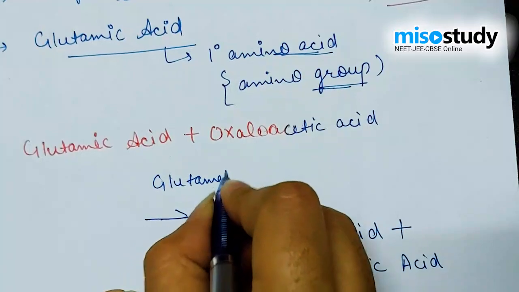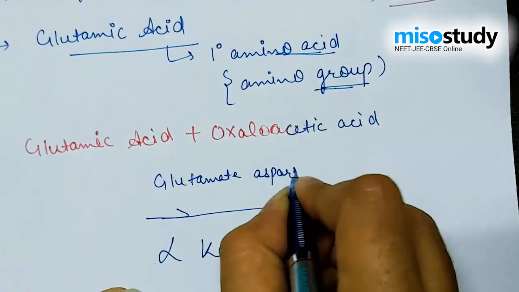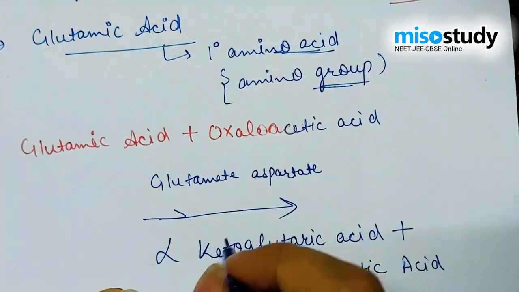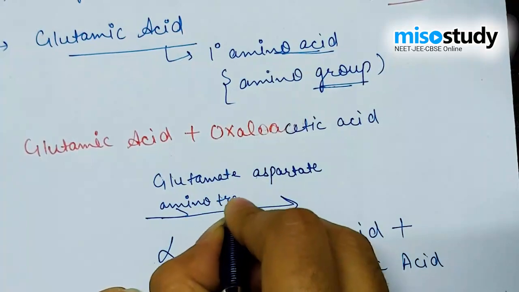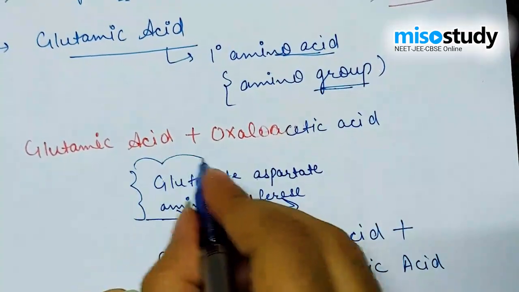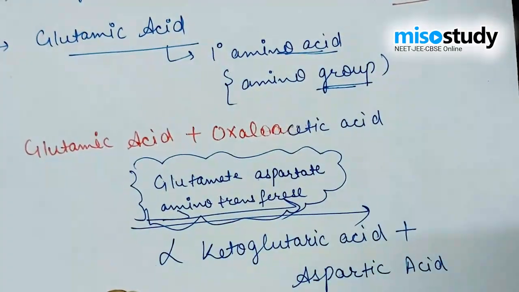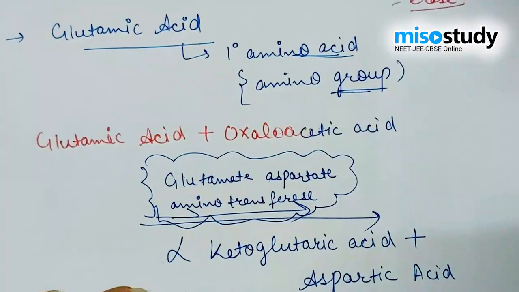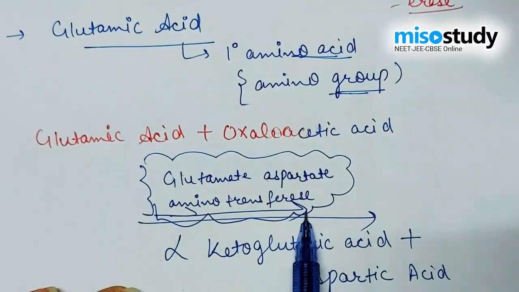enzyme, and next is the aminotransferase enzyme. There is a requirement of two enzymes in the process, and that is written above the arrow mark, that is glutamate aspartate aminotransferase.